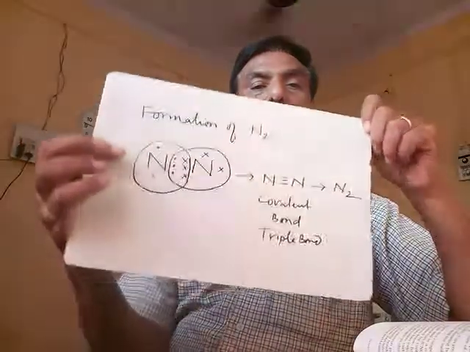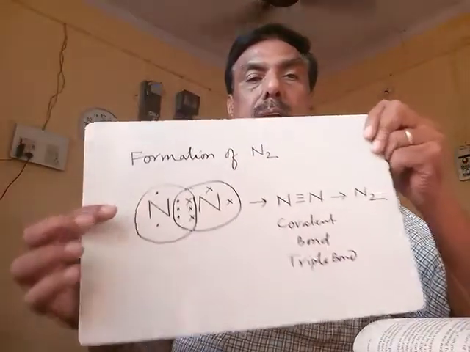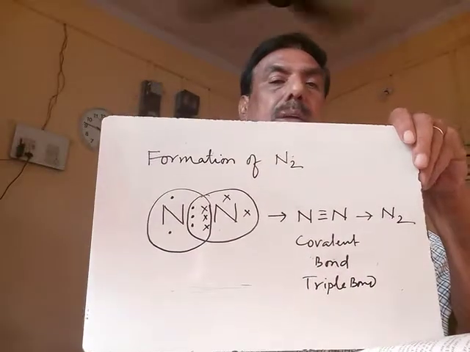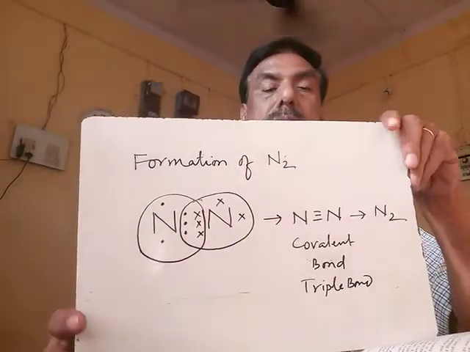Each nitrogen atom will share 3 electrons to become 8 in the outermost shell. How? I am showing you. See, this is the formation of nitrogen gas.